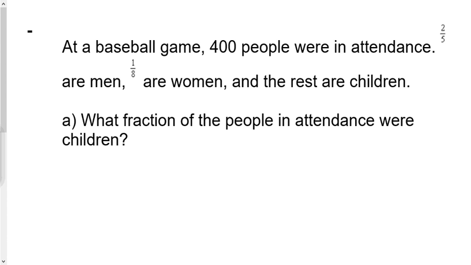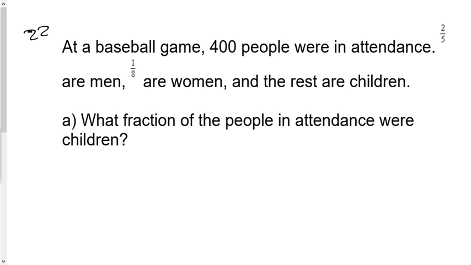Now, question number, whatever this is, what is this, 22. Question 22 says, at a baseball game, 400 people were in attendance. 2/5 are men, 1/8 are women, and the rest are children. What fraction of the people in attendance are children? So there's various ways you could do this.